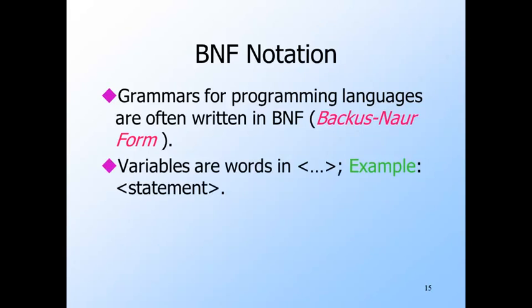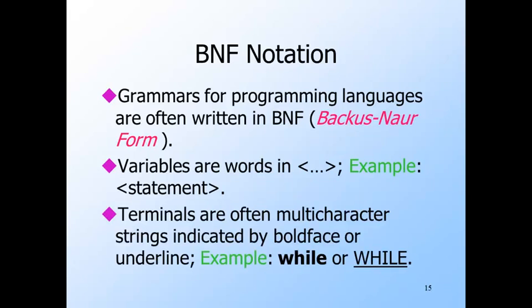In BNF, you usually use a word to describe a variable, for example, statement, if the intent is that this variable will generate all the strings that are valid statements of the programming language. Conventionally, these words are put in triangular brackets to tell us they are variables rather than terminals. Some terminals for a programming language are single characters, just like in our formal context-free grammars.